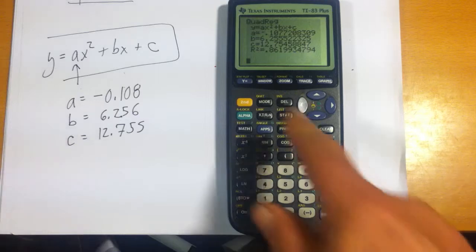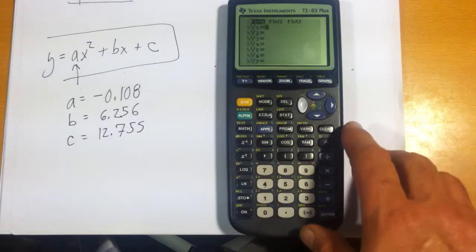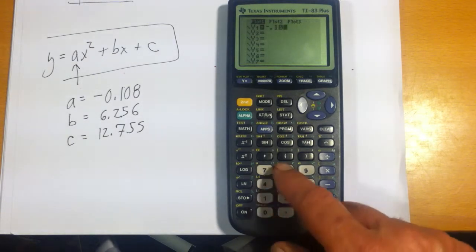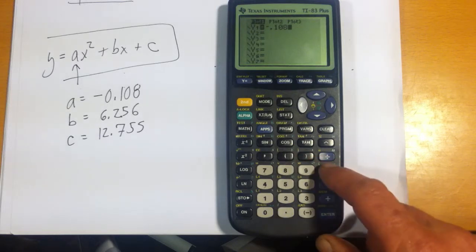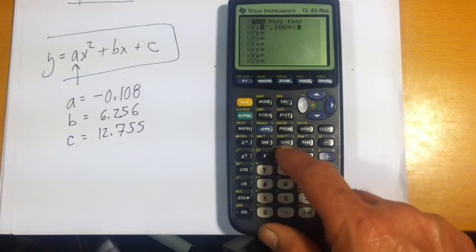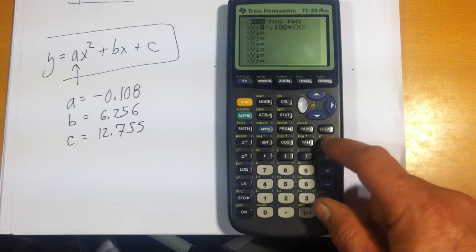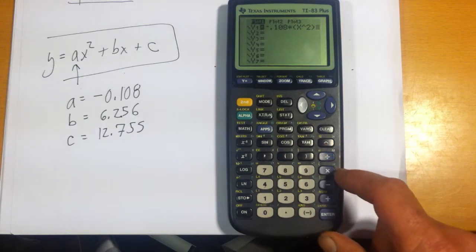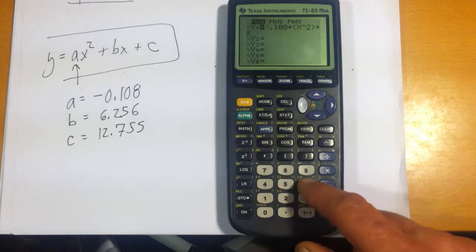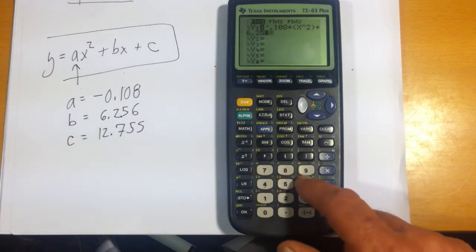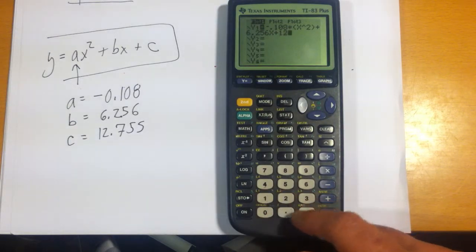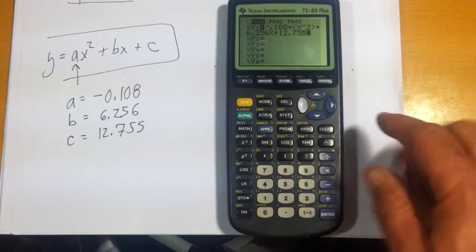Now I'm going to go to Y equals and type this in. So that's minus 0.108 times x squared in parentheses, plus 6.256x, plus 12.755.